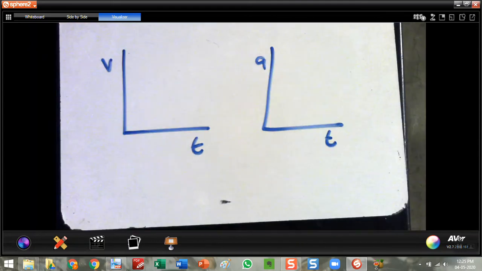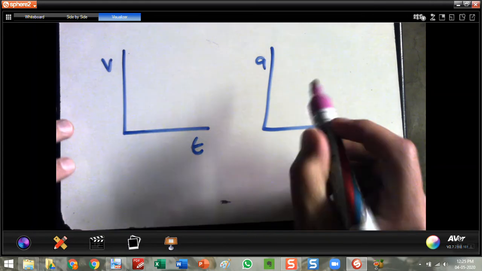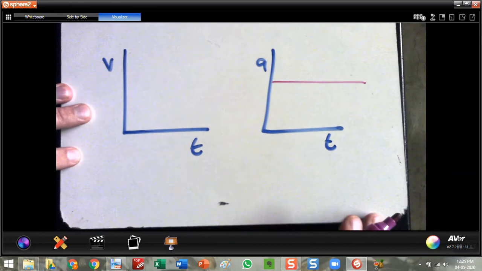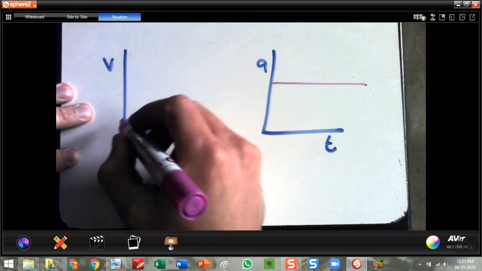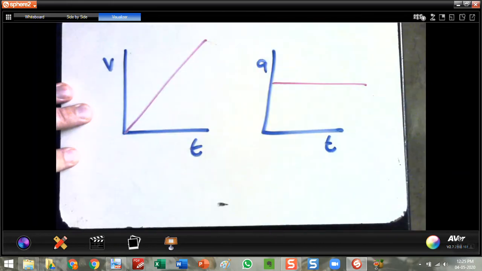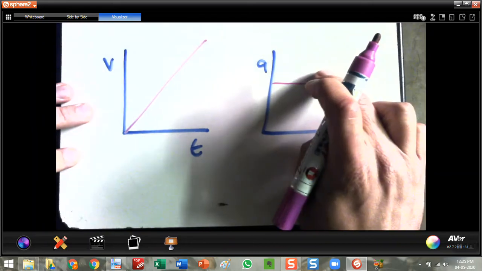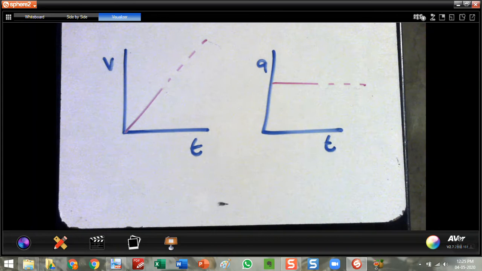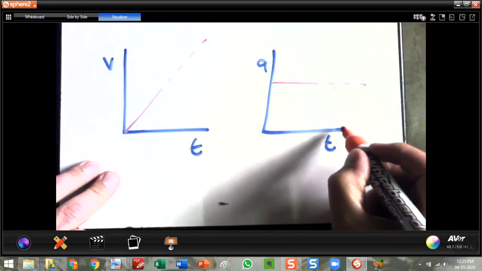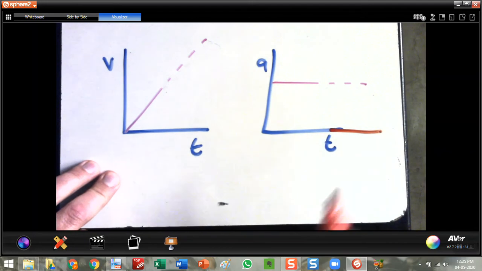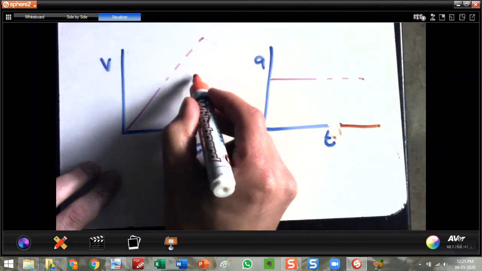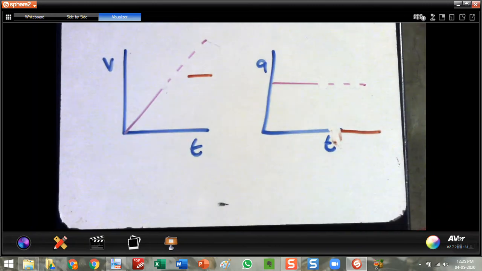So if we compare these two motions with the two graphs, a velocity-time graph and an acceleration-time graph, we know that technically if gravity is the only force working, then the acceleration would have been constant, and we would have something like this. But we see that this doesn't actually happen. We go from a point where there's acceleration to a point where there is no acceleration, where basically we have constant velocity.